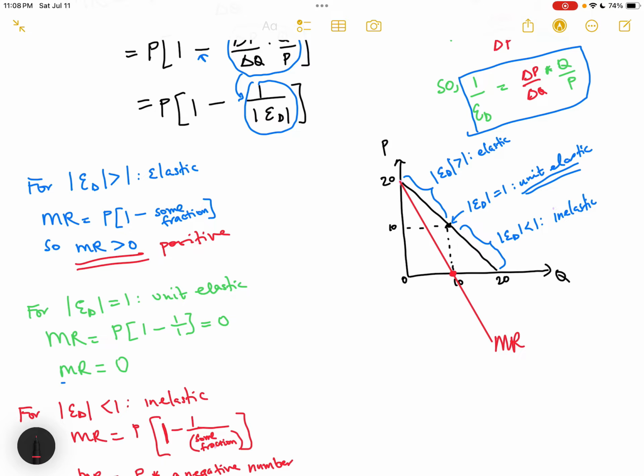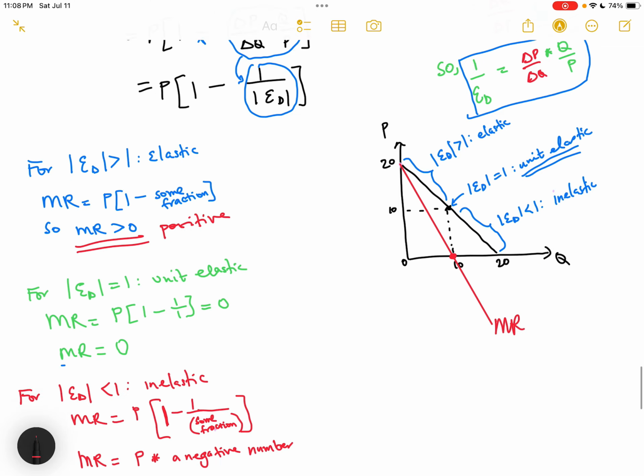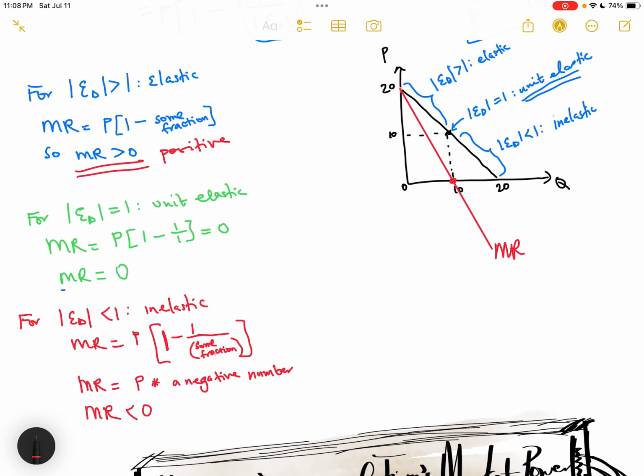For the portion of the inverse demand curve where we have an inelastic demand, such that the absolute value of price elasticity of demand is less than 1, our marginal revenue is P times 1 minus 1 over some fraction, because price elasticity of demand less than 1 in absolute value is some fraction.